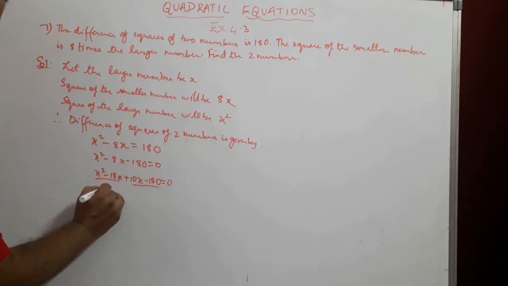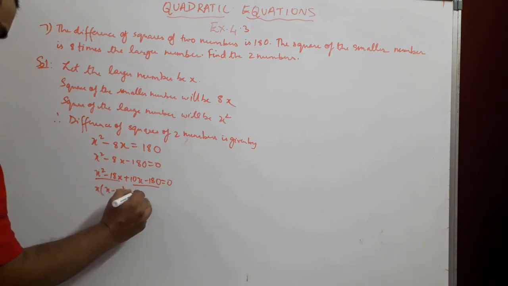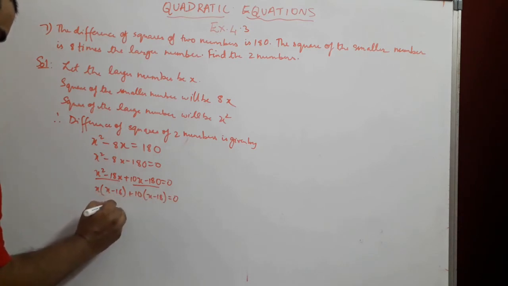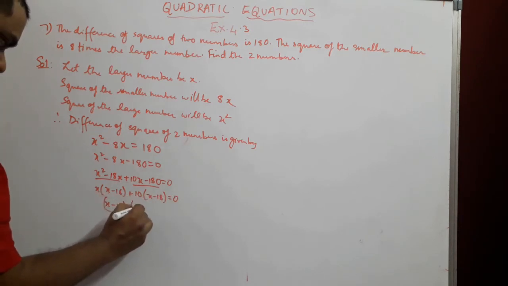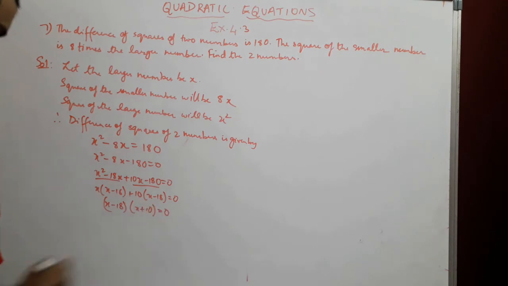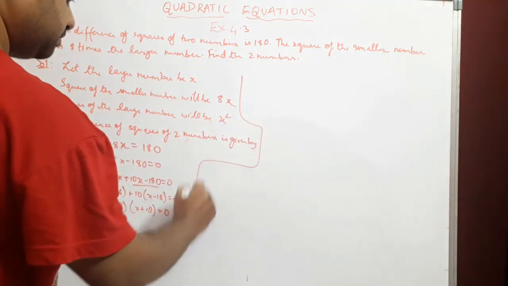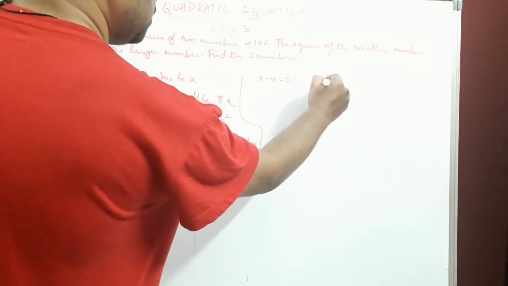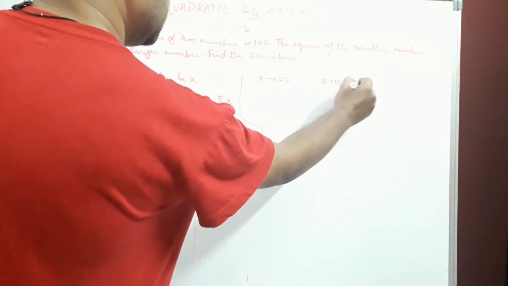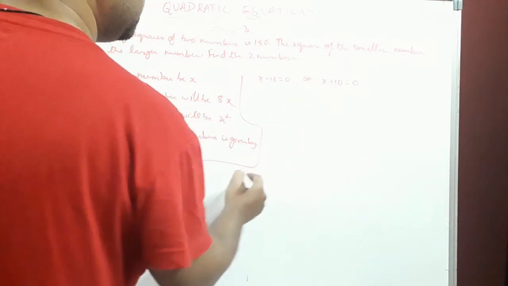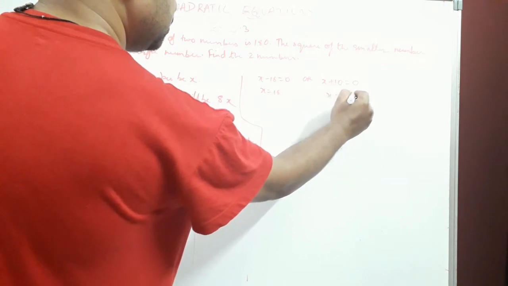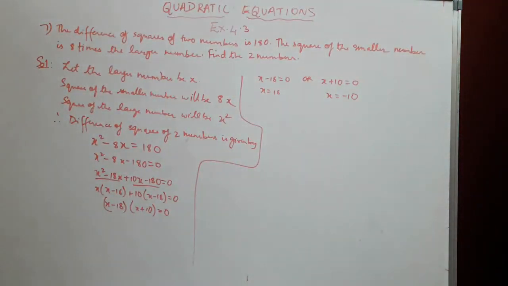We get x into x minus 18 plus 10 into x minus 18 equal to 0. x minus 18 is common and we are left with x plus 10 equal to 0. So now continue over here and say either x minus 18 equal to 0 or x plus 10 equal to 0. Okay, so x will be equal to 18 or x will be equal to minus 10.